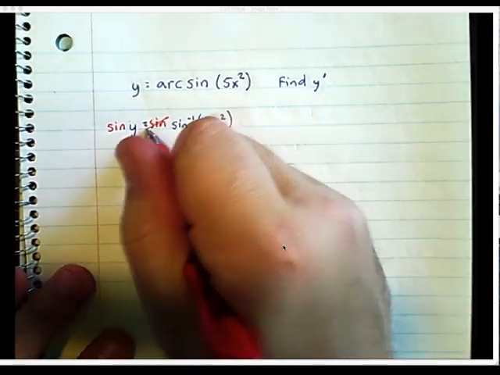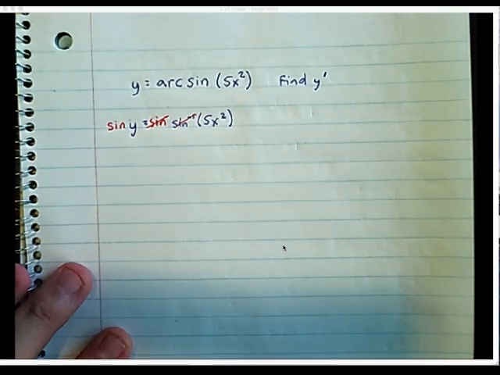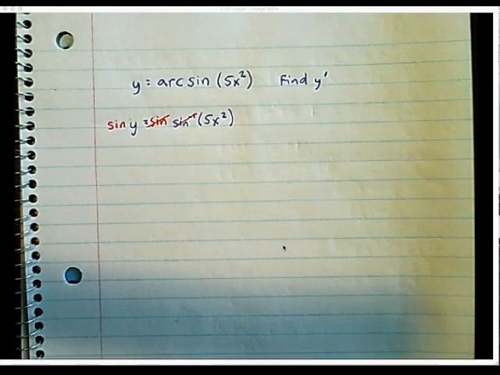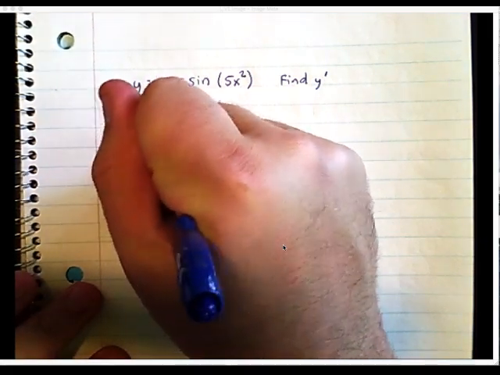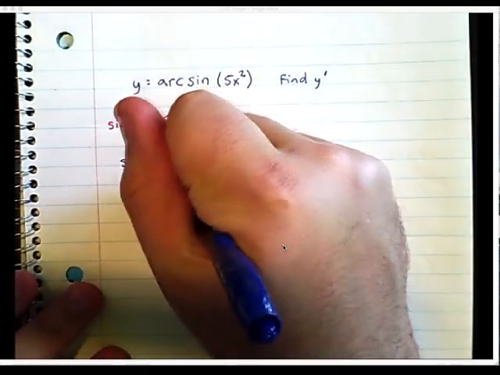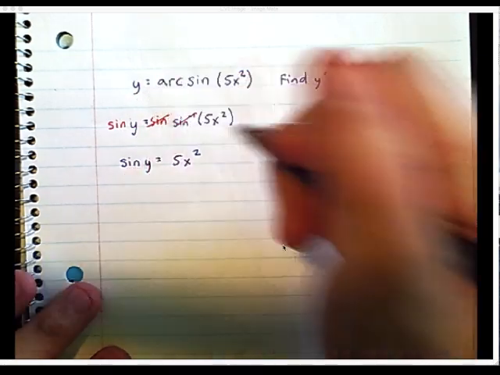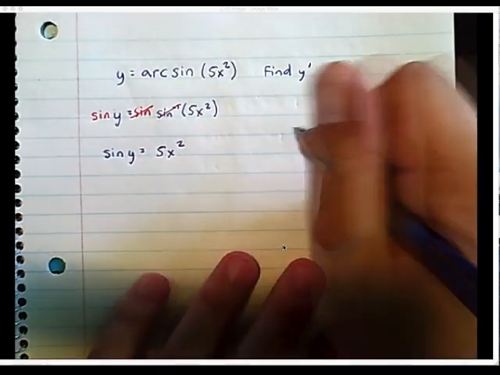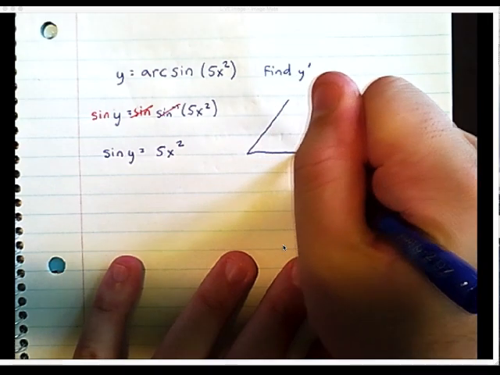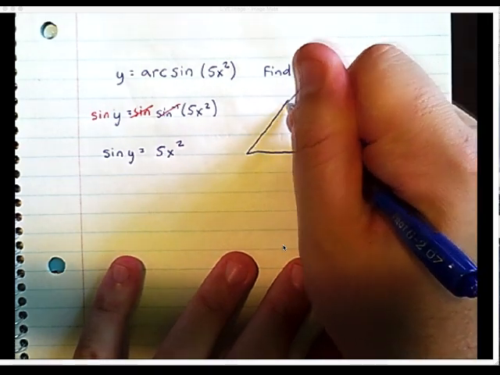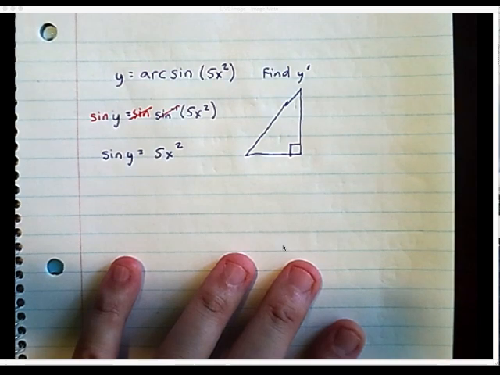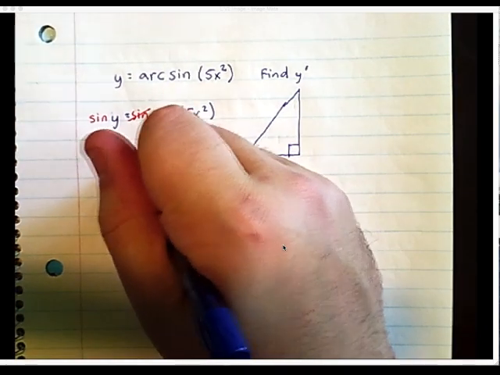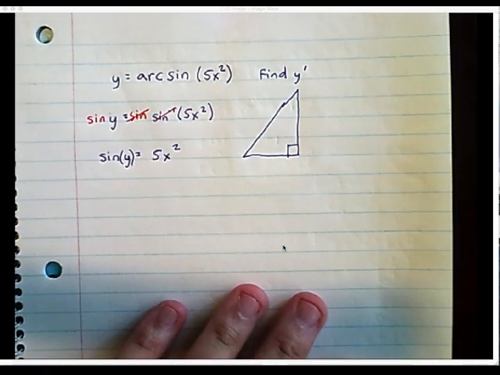By doing that, these are inverses of each other. Anything composed with its inverse cancels out. So now I'm left with sine of y simply equals 5x squared. Now let's go to our right triangle trigonometry that we love. And so there is my right angle in the right triangle. Here is the angle. The angle's called y there.